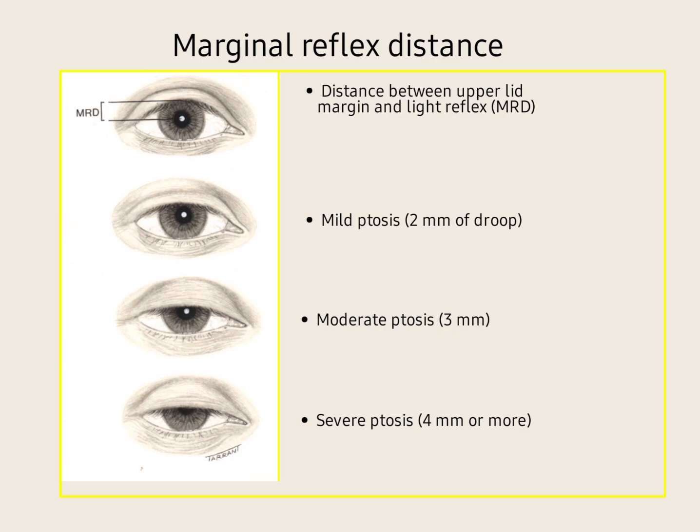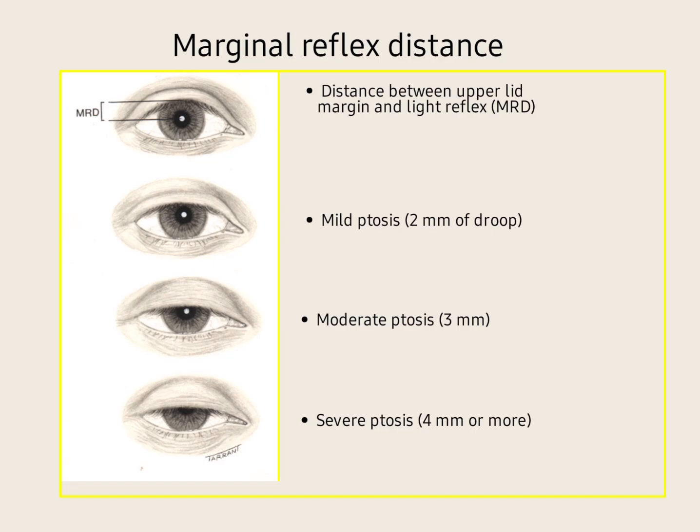When someone has mild ptosis, it means the droopy eyelid is about 2 mm. Where the lid is supposed to sit about 4 millimeters from the corneal reflex, it is sitting lower than normal, so the marginal reflex distance is maybe about 2 mm.